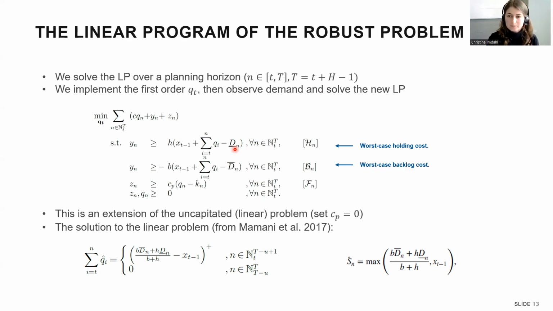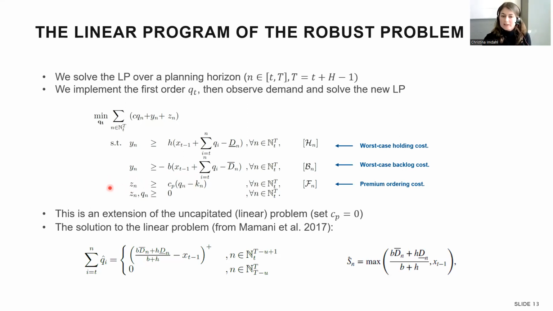And second, the worst case backlog costs. This is the back order cost that we incur with respect to the maximum demand possible within our uncertainty set. And then lastly, the premium ordering costs. For every unit that we source beyond the capacity in that period, we need to pay a cost premium, and that makes up our cost premium costs.